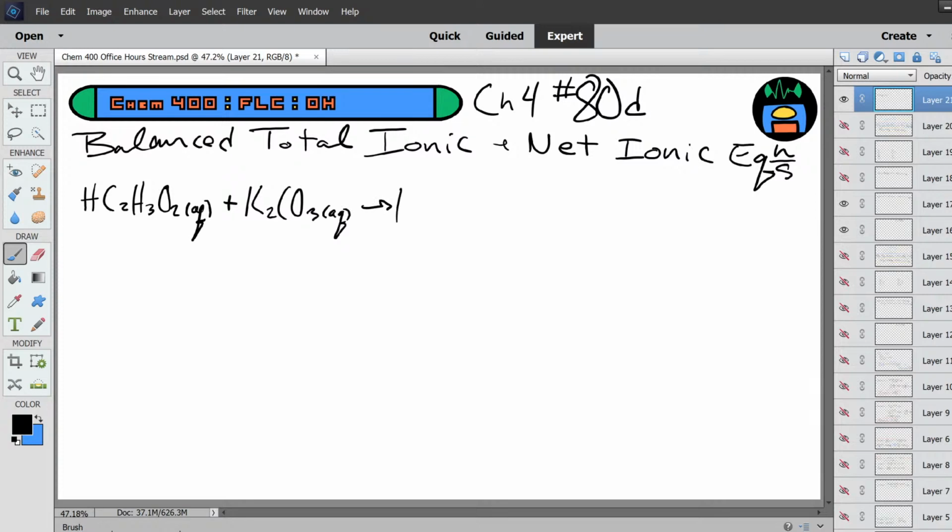This produces liquid water plus carbon dioxide plus potassium acetate. All right, now again, we just got to do a quick check to make sure we're balanced.